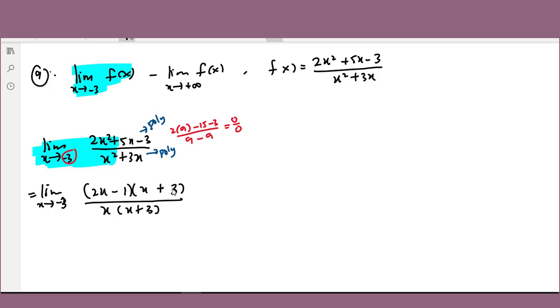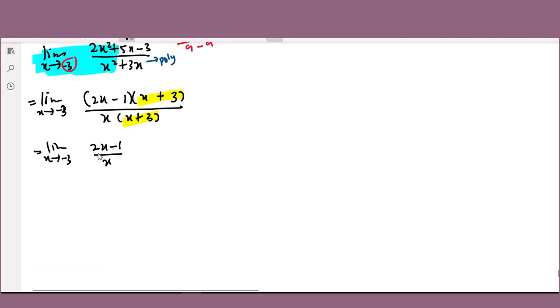We check negative 1 times 3, negative 3, x minus 5x, 6x minus x is equal to 5x. This one equals x plus 3 and cancel. So we can write this as 2x minus 1 over x. Next step, substitute negative 3: 2 times negative 3 minus 1 over negative 3. So negative 7 over negative 3 is equal to 7 over 3. That is the answer for the first part.